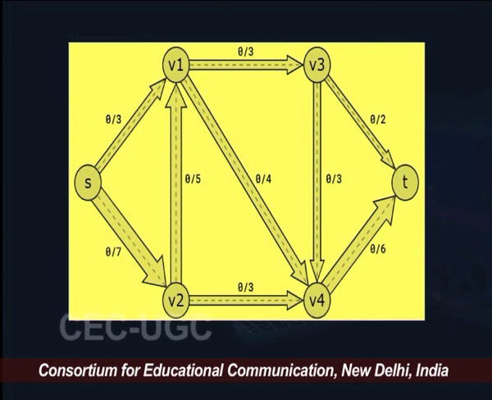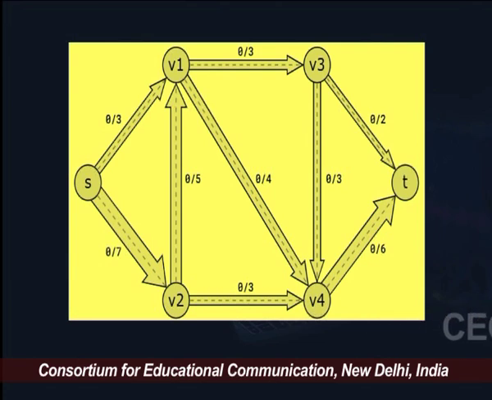So two numbers are indicated on every directed edge. One number, as I have already told you, is the flow, another one is the capacity. Flow is how much traffic, how much data is currently flowing on that particular edge, and capacity is the maximum flow that edge can handle.